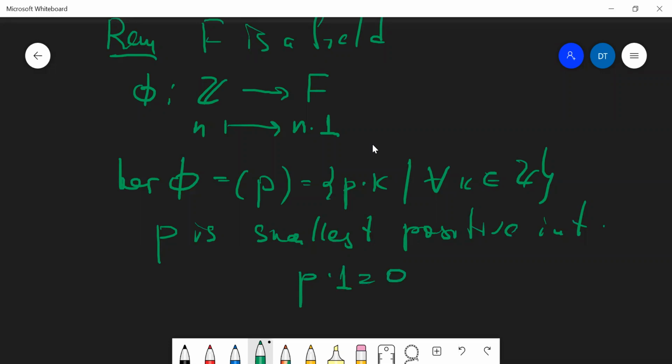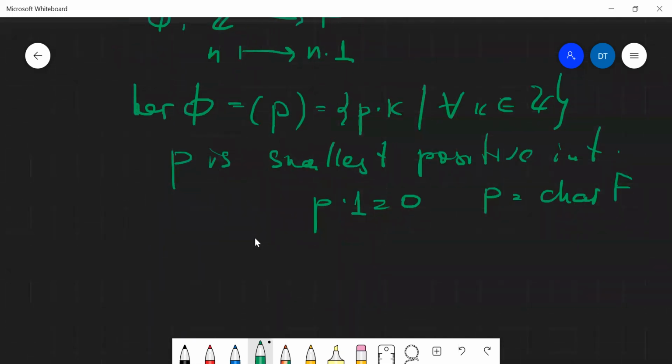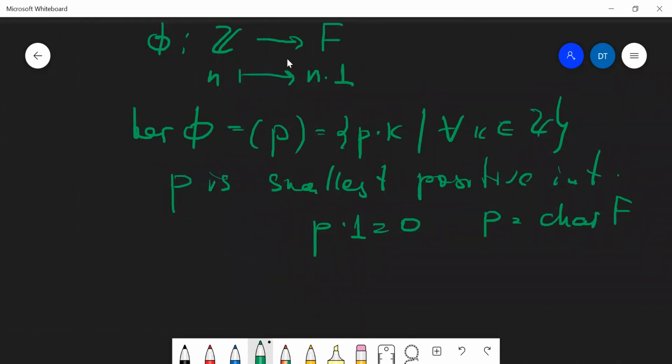So this simply means that P is equal to the characteristic of the field F. So if there is no such P, then the kernel is the zero ideal, which means that Z to F is an injective map. And in this case, the generator is equal to zero.